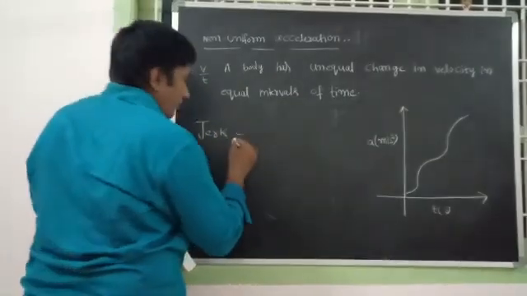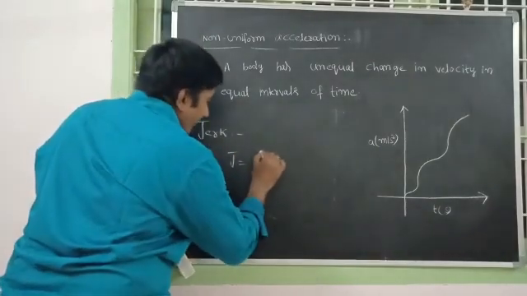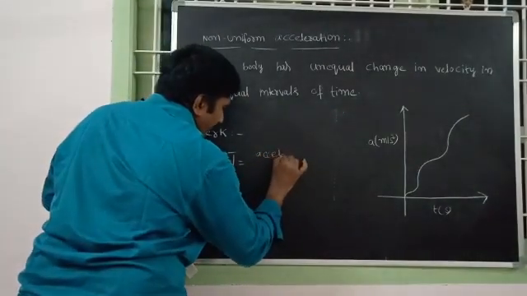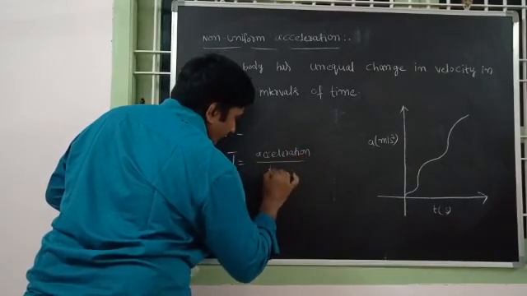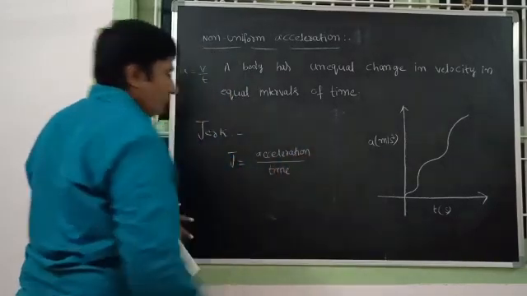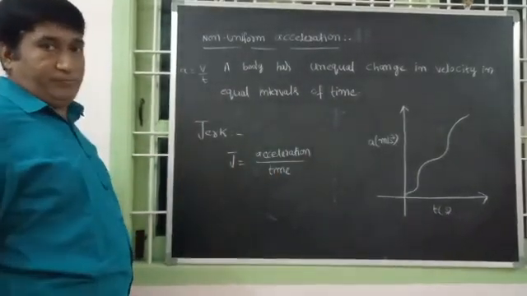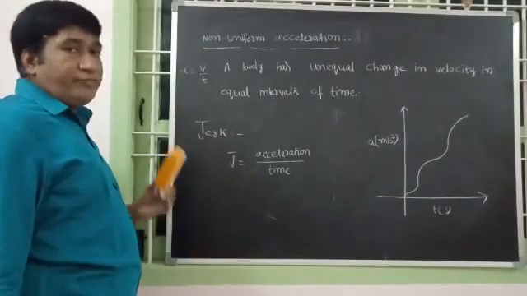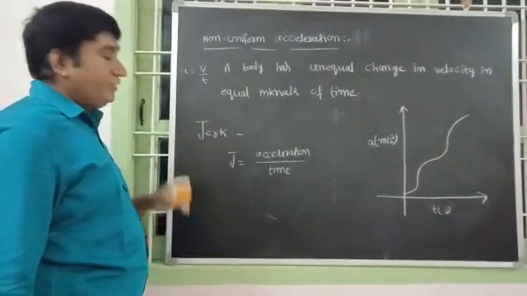In the same way, jerk, which we represent as J, is acceleration by time. In general, we are not going to discuss jerk in detail. The rate of change of acceleration is called jerk.